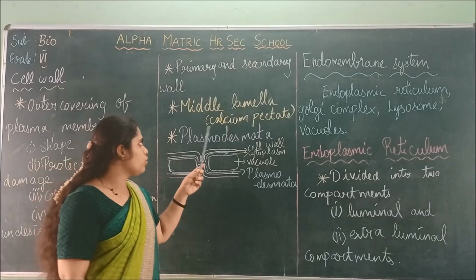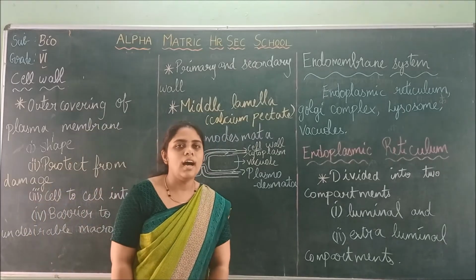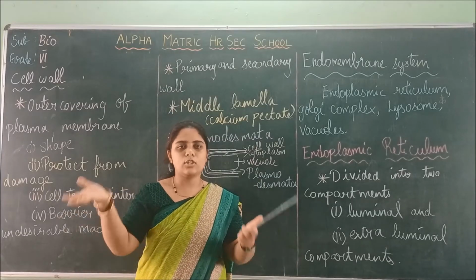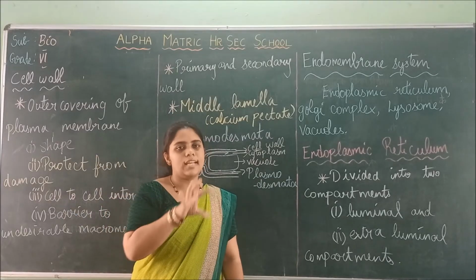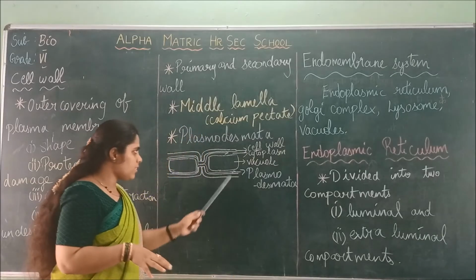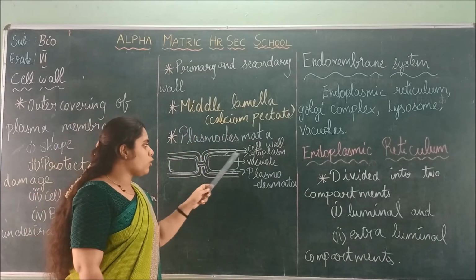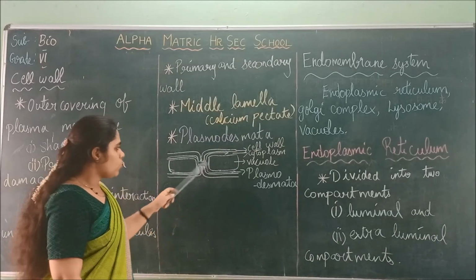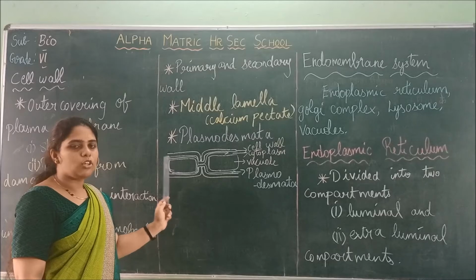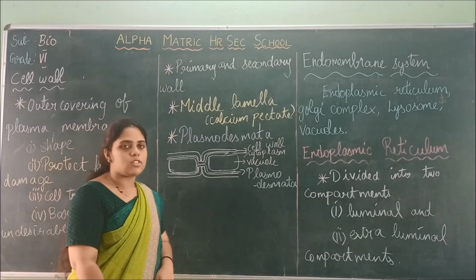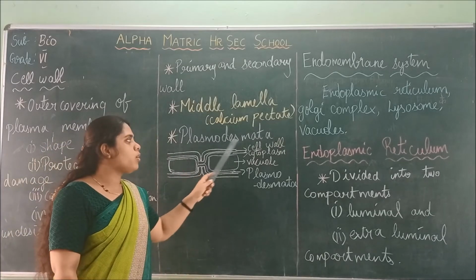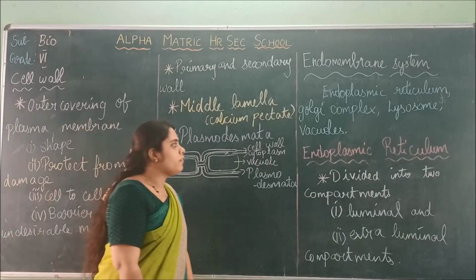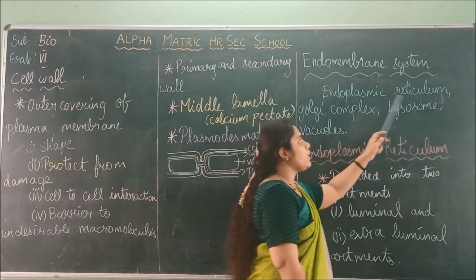Due to the middle lamella and the cell wall, the cytoplasm of one cell and the cytoplasm of another cell get connected. This attachment is called plasmodesmata.